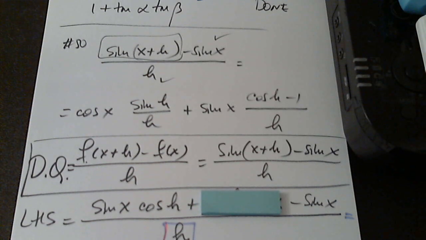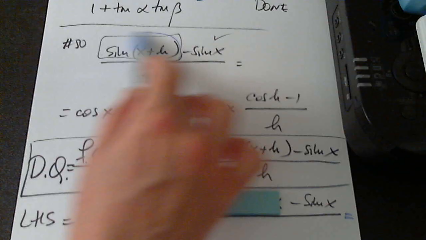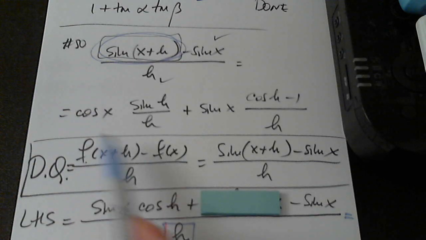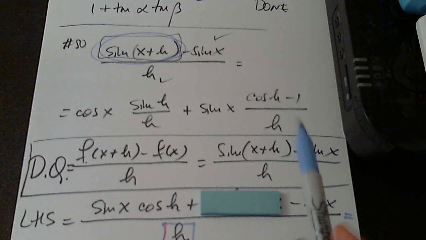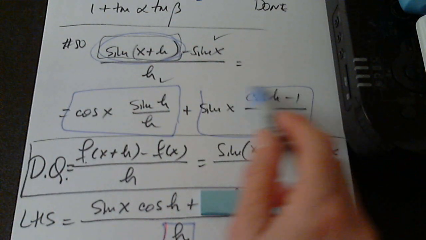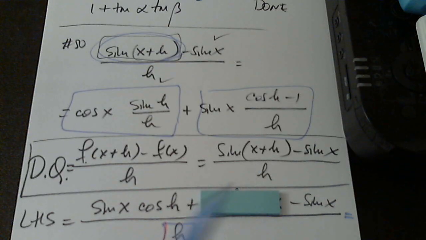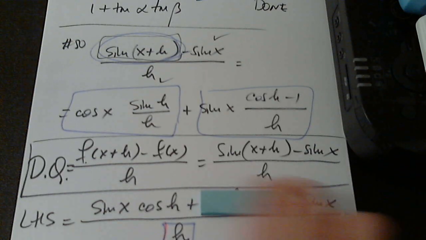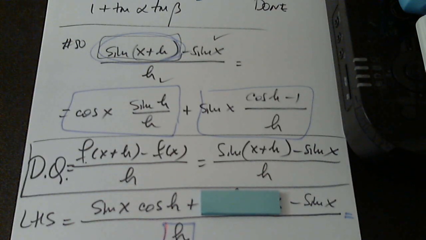So I will write this equals the right-hand side. So by simply expanding this, we obtained exactly what we see here. And they're presented into two terms. So this over this, which is right here, and this over this, which is presented here. And that's the right-hand side. And it's done.